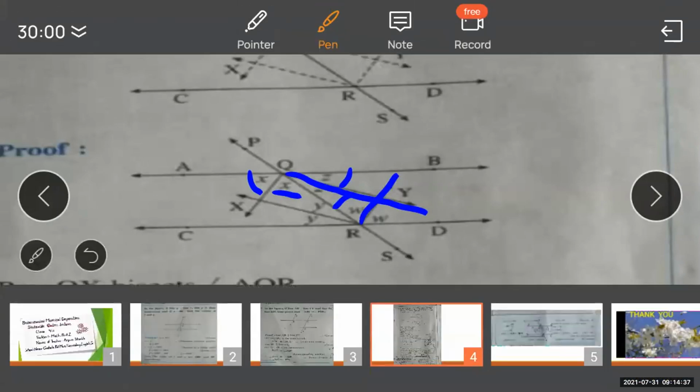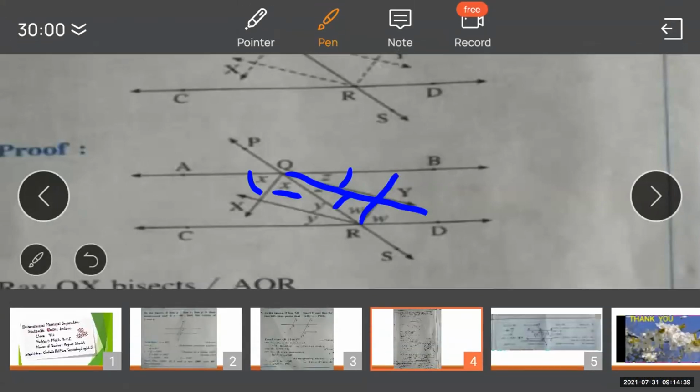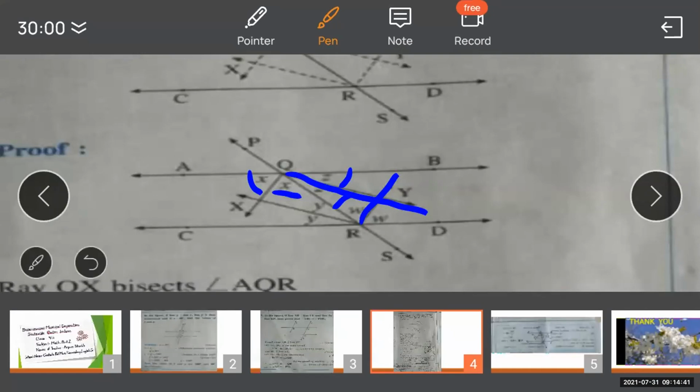Now, in the third case, because of ray RY, here two W angles are formed. And in the next condition, because of ray RX, here two angles you can see, angle Y and angle Y. Those are the two angles of equal measurement. Those get formed due to all four rays.